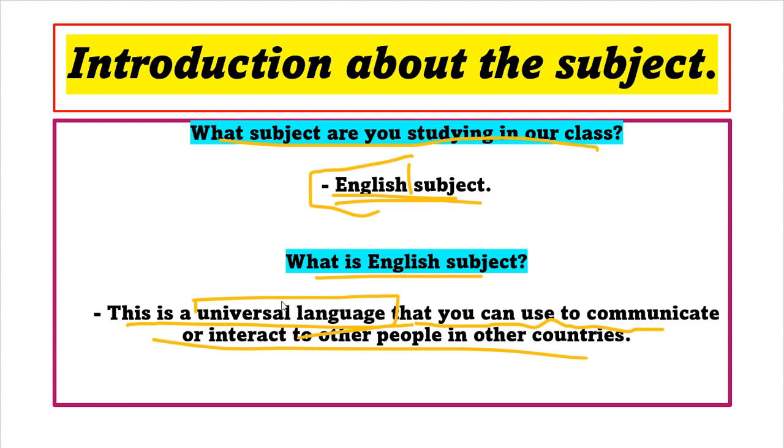Okay, everywhere, anytime that you can apply to communicate or to talk or interact or to make friends or relations with other people, people that you don't know, in other countries like China, like Japan, like America, Russia, Netherlands, Paris.